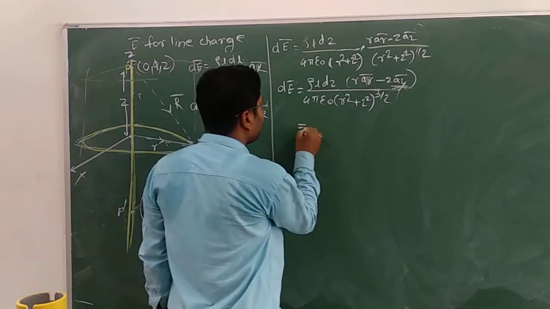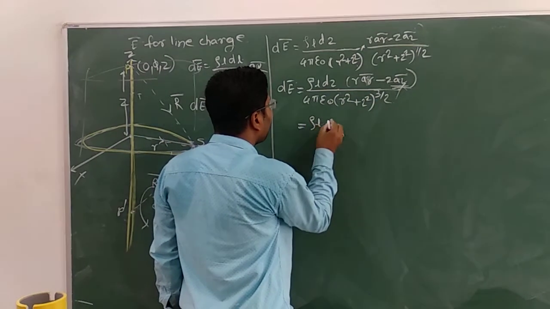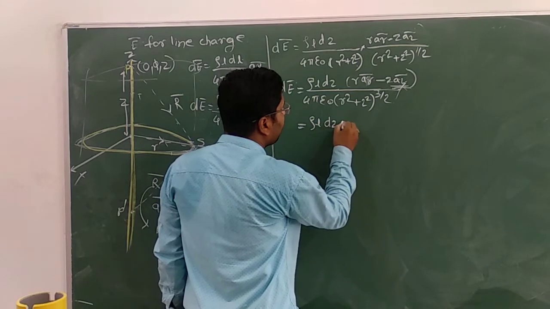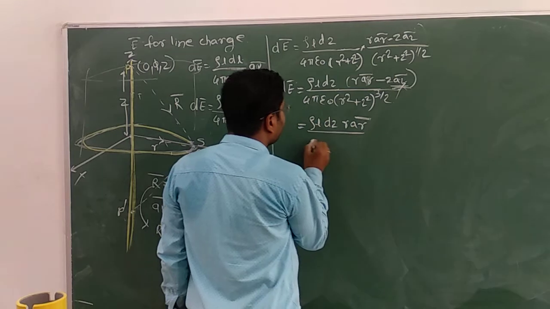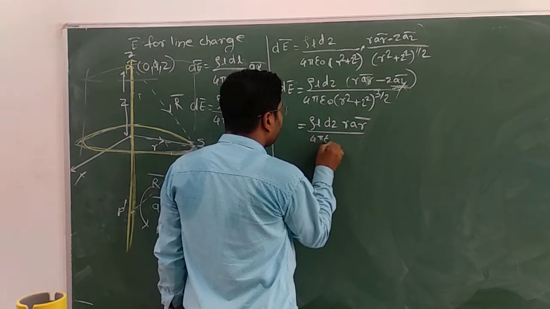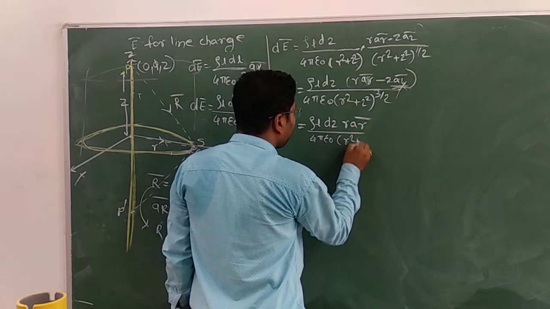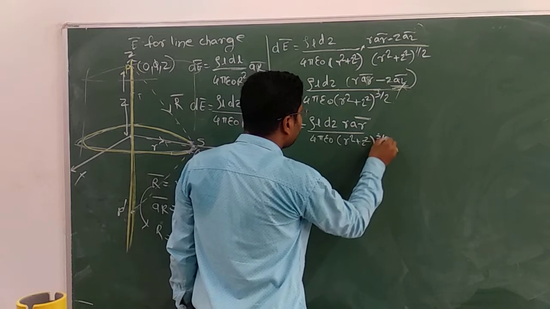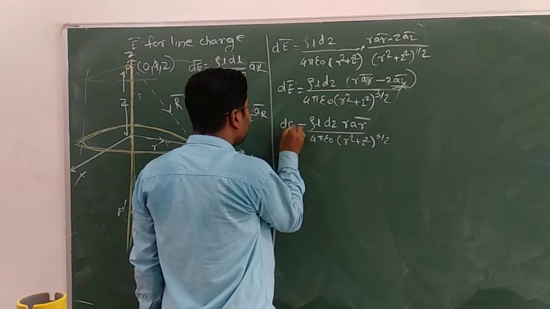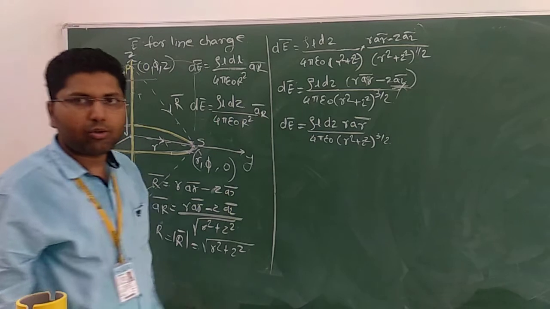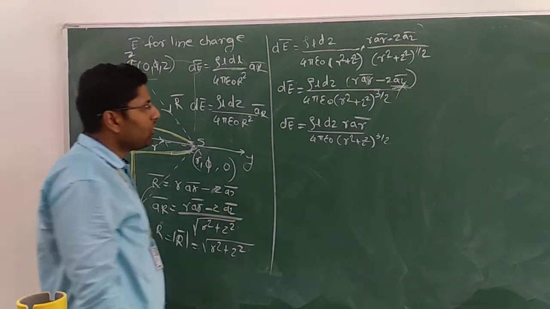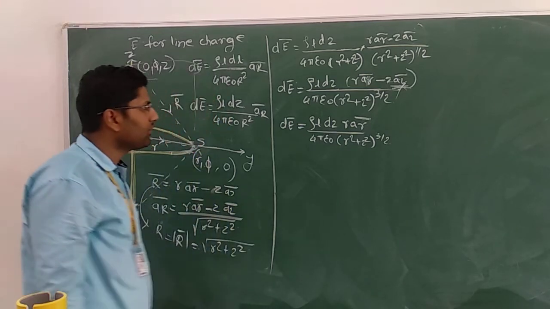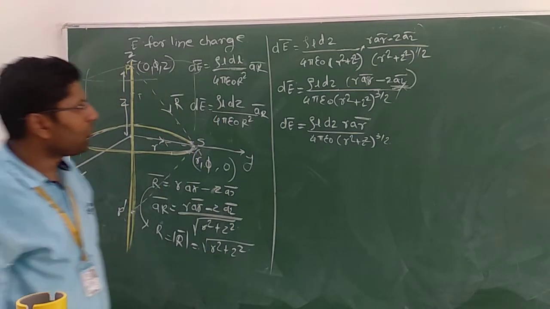What remains is R aR bar. So dE bar is rho L dZ R aR bar divided by 4 pi epsilon 0 (R square plus Z square) raised to 3 by 2. Now you have to do the simplification, but before that we have to take the integration.